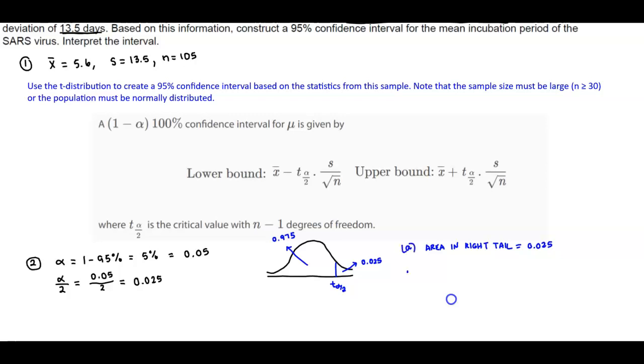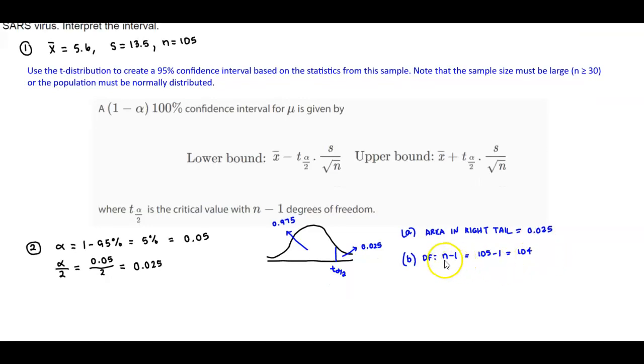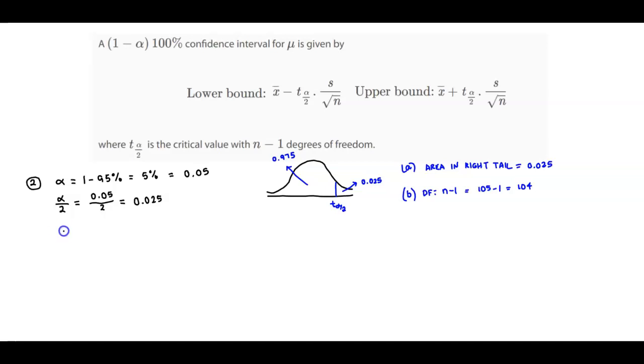The second part is the degrees of freedom. Recall that the degrees of freedom is equal to n minus 1. The sample size is 105, and we subtract 1 to get 104. Now that we have the area in the right tail, which is 0.025, and the degrees of freedom is 104, we can determine the critical value that we need.